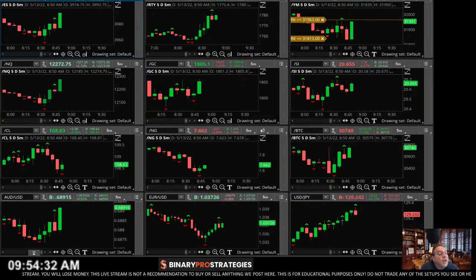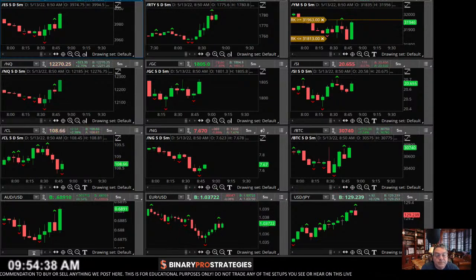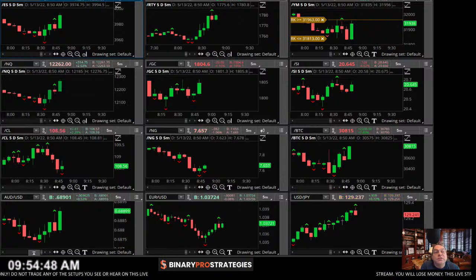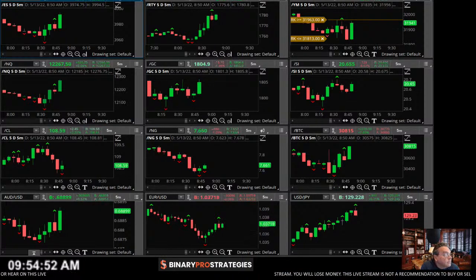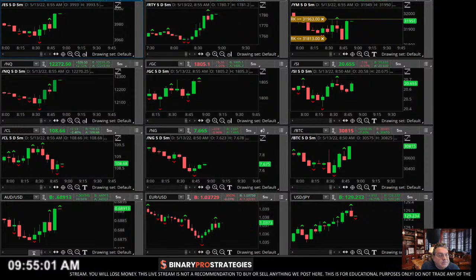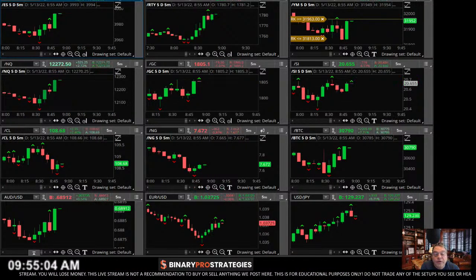Students, once you have a reversal, wait for an HF2 before taking another trade. If it does reverse, this would be a reversal on an HF1. All right, nice little trade on that Euro US.